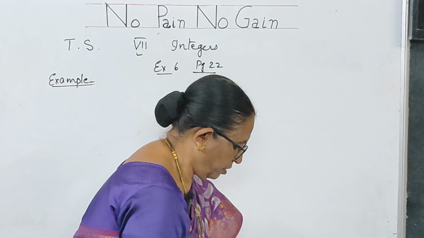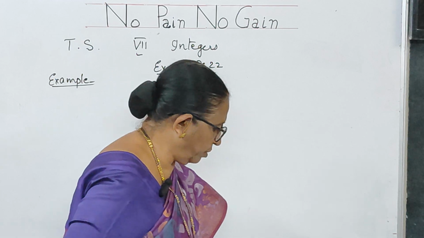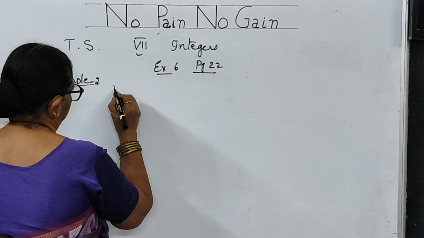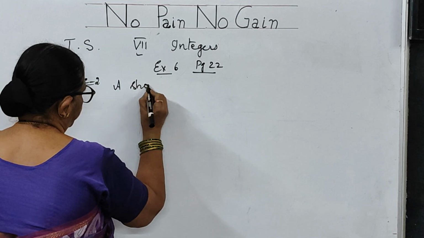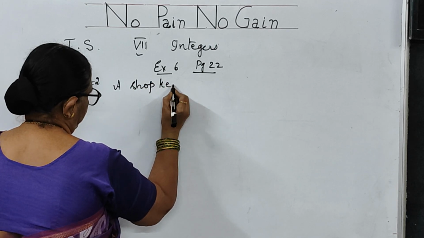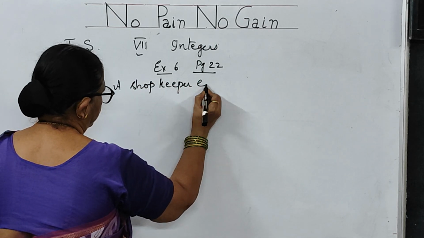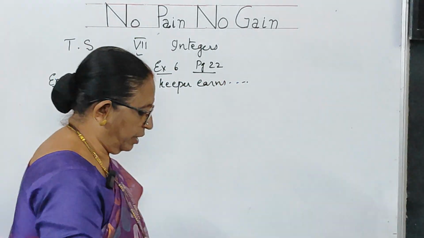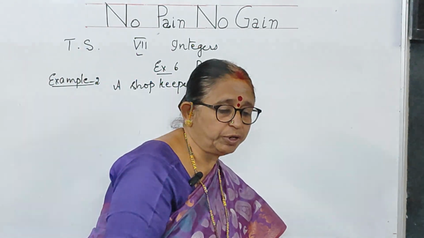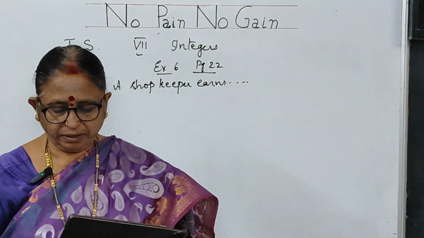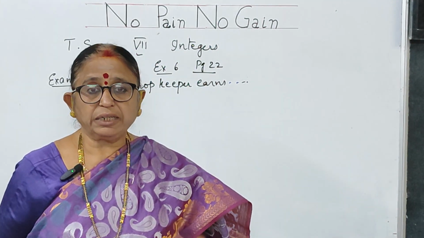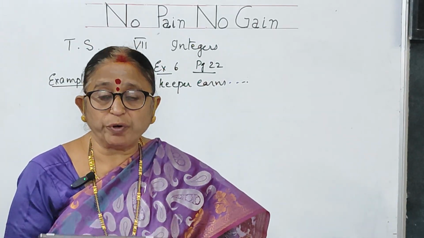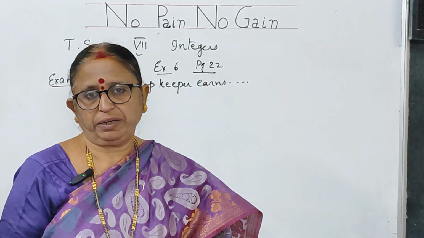Here, the second example starts with a shopkeeper earns. It goes on like this. So let me read this problem for you. A shopkeeper earns a profit of ₹1 by selling one pen.